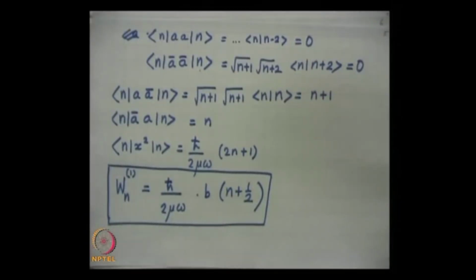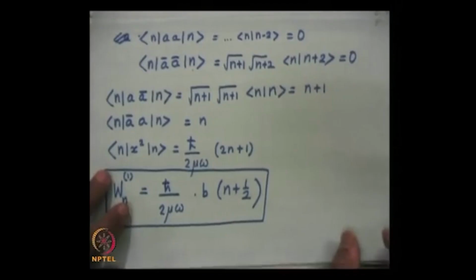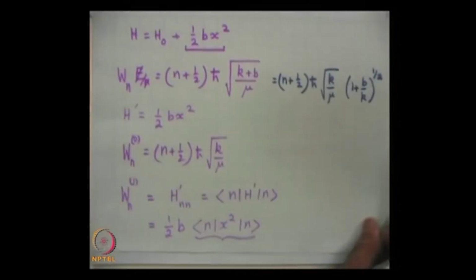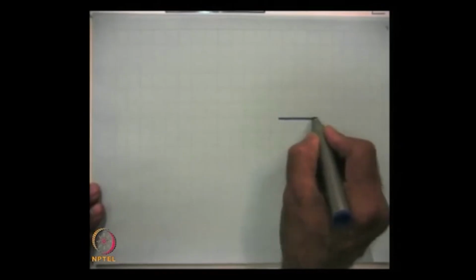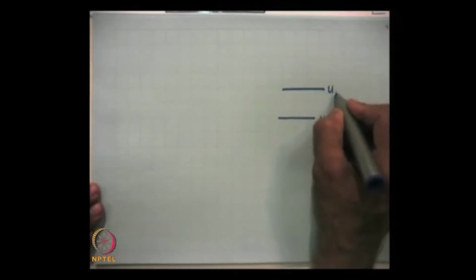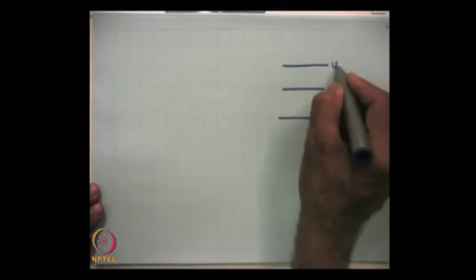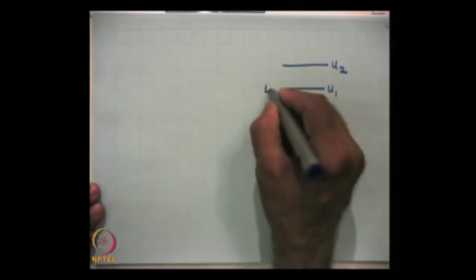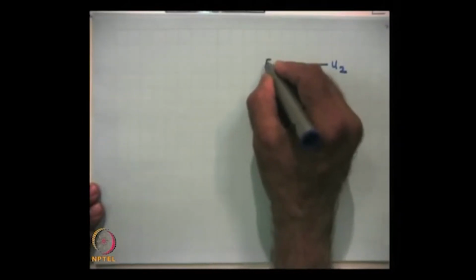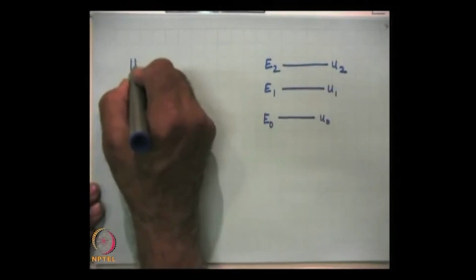So, this is the way that we use the perturbation theory, and that is for any problem. Let us suppose h naught, this is u 0, this is u 1, this is u 2. The energy eigenvalues are E 0, E 1 and E 2, and my Hamiltonian is h naught.